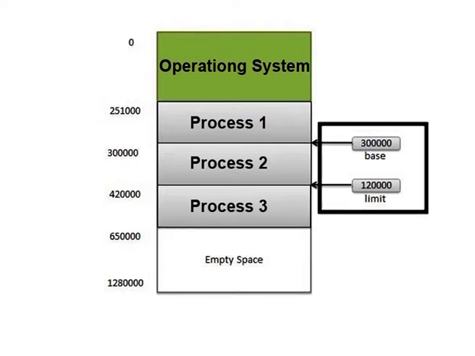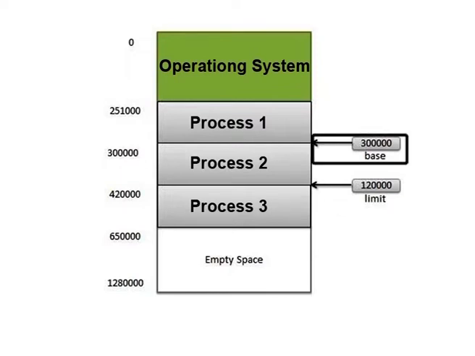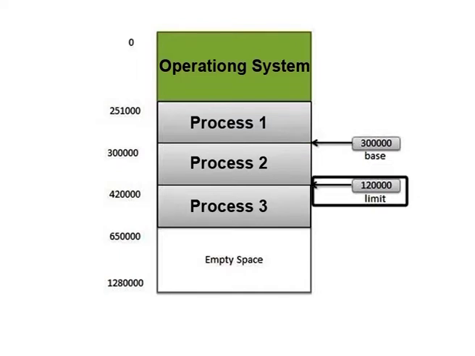Every process has its base address and limit value. In this figure, the base address of process 2 indicates the memory address where the instructions and data of process 2 start. The limit value of process 2 indicates the total size of the process loaded into memory.